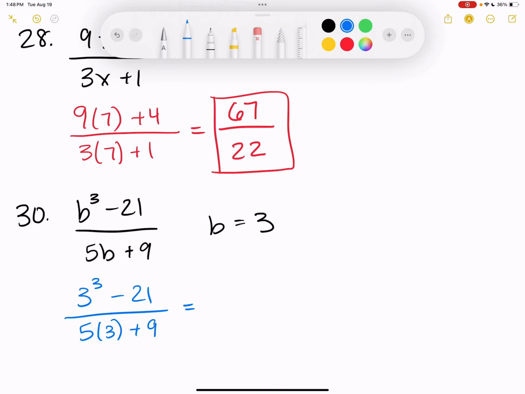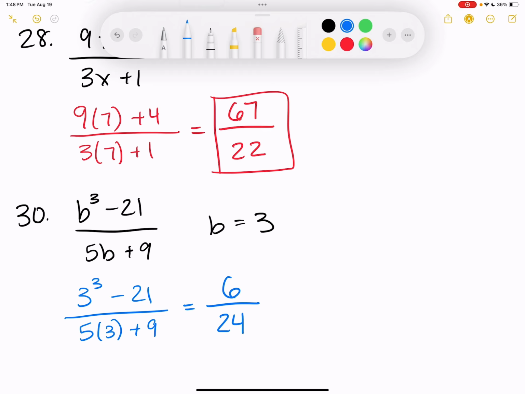So what do I have on top? 6, because that would be 27 minus 21, so that gives me 6. And then what about the bottom? So then, am I able to reduce it?